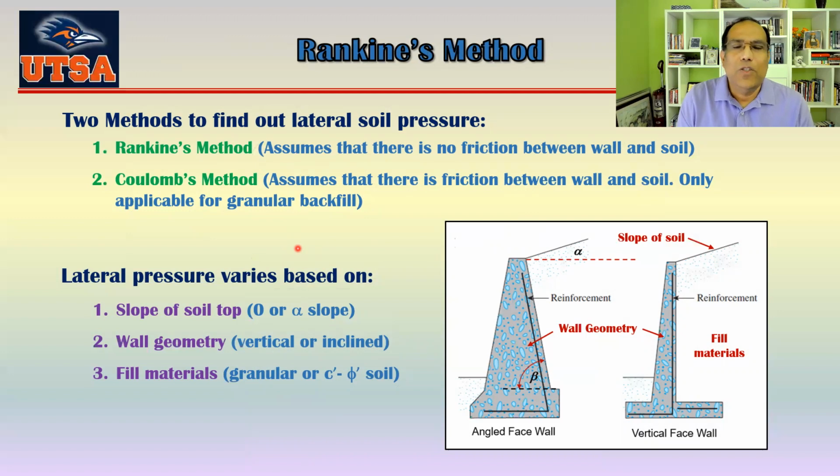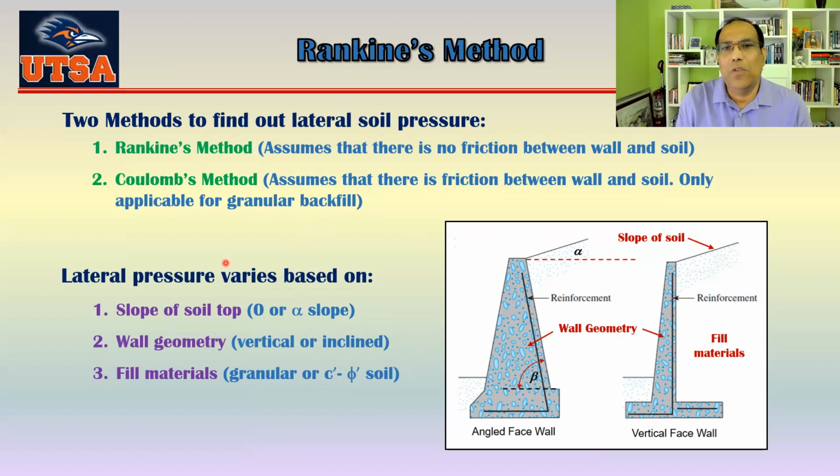Okay, so at the same time, this Coulomb's method is only applicable when the retained soil here is granular soil, meaning sandy soil. That's the most common thing that happens when we build a wall and then fill it with soil. So we usually fill it with granular fill.